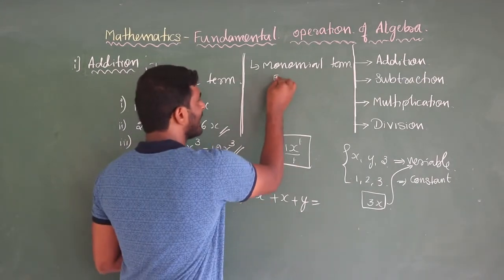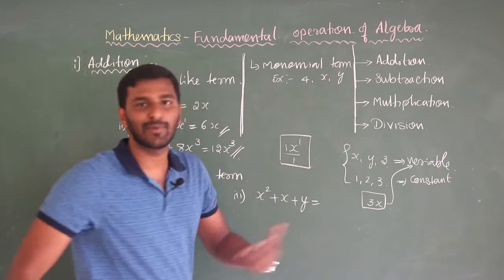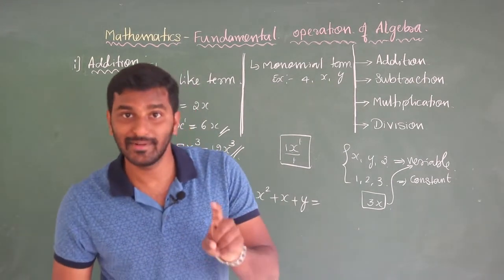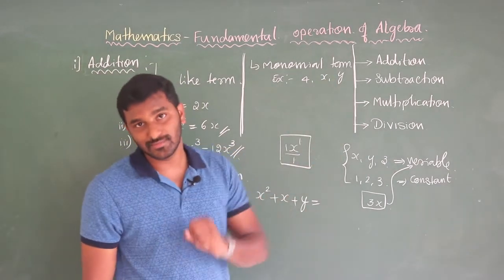For example, 4x y square z square. Only one term, it is known as a monomial.